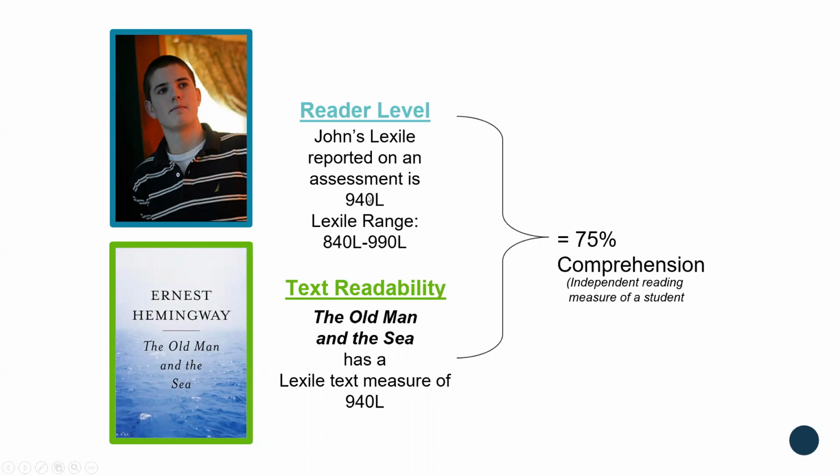940L is John's independent Lexile measure, but the range where, the more often John is reading text within that range, the quicker we grow John. But I'd like for you to think about wrapping your hand around that 840 and the other hand around the 990. Think of that as a rubber band, and that range can be expanded.